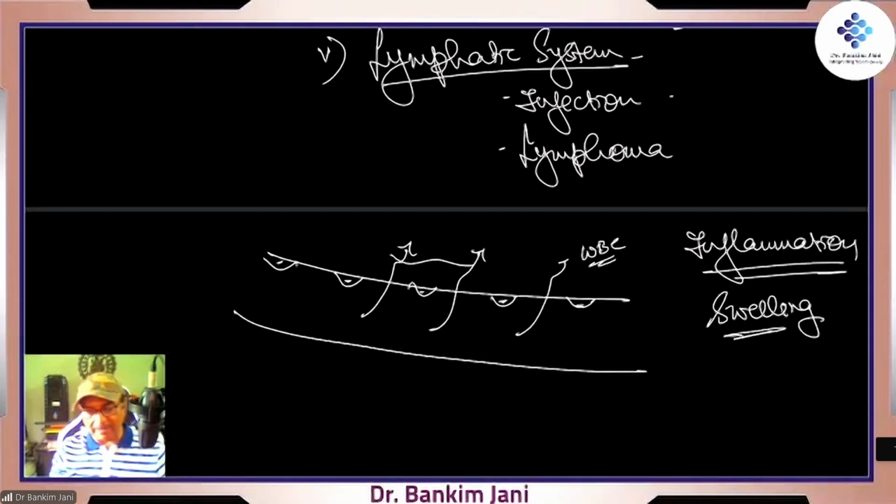That is the localized view. When it occurs at a massive level, it is generalized. So this is how, in case of the lymphatics, when they are blocked, there is no one who can take it. And if there is inflammation, then more fluid is entering and it leads to all these problems, when the permeability increases.